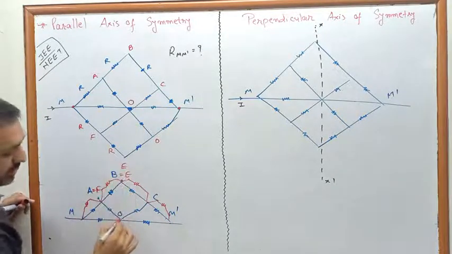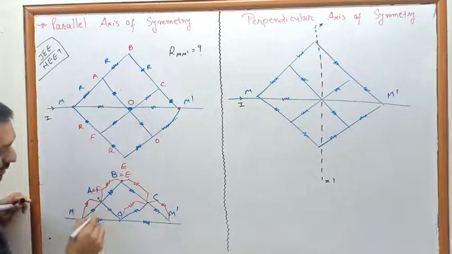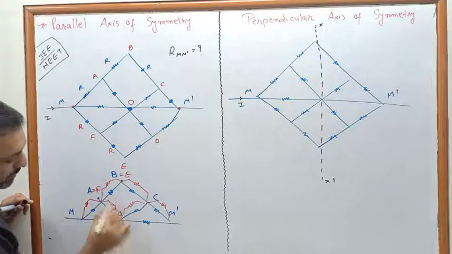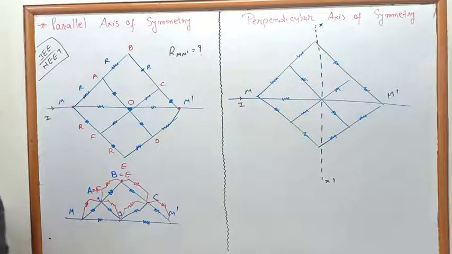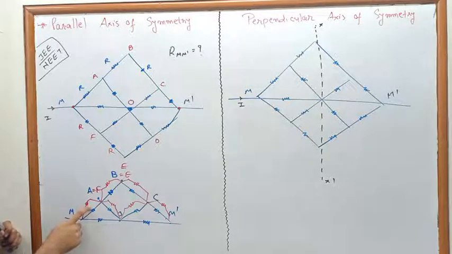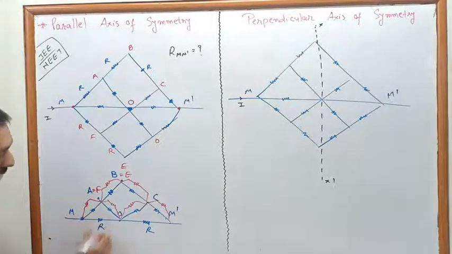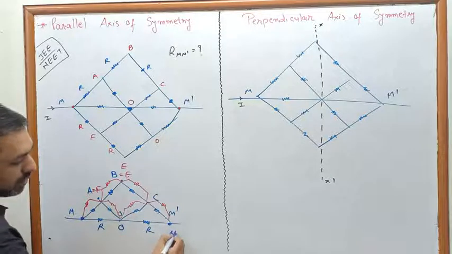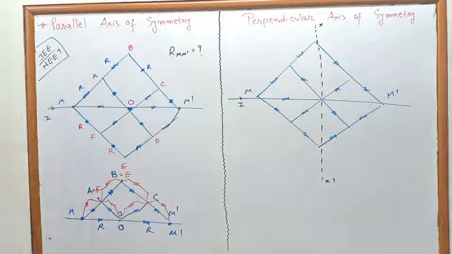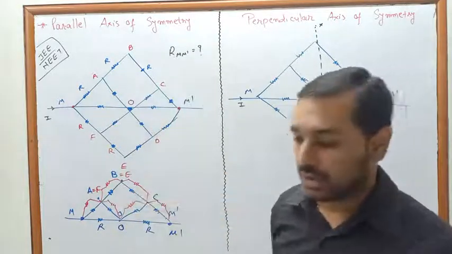This and this will be in parallel. This one and this one will be in parallel. So if you draw the resultant network, what you will get is R by 2, R by 2, R by 2, R by 2, R by 2, and R by 2. Only this one will remain R. So M, O, M dash. Clear? So this is how you can reduce your network.